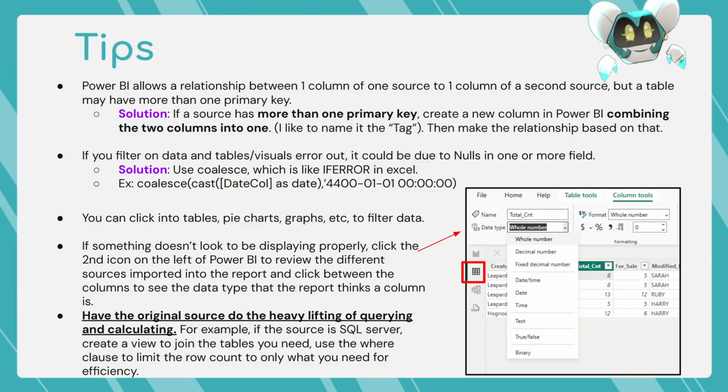I used coalesce. So basically, it's like the IFERROR in Microsoft Excel. For coalesce, if there is no value, then you just give it a default value. And then when you go to filter your data again, since there will be no nulls, nothing to make a hiccup, it will be happy.